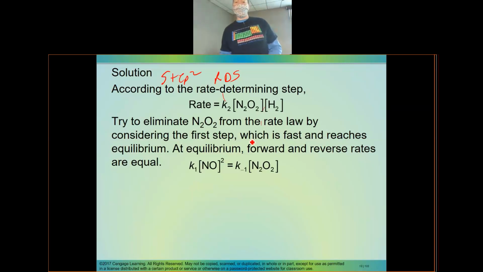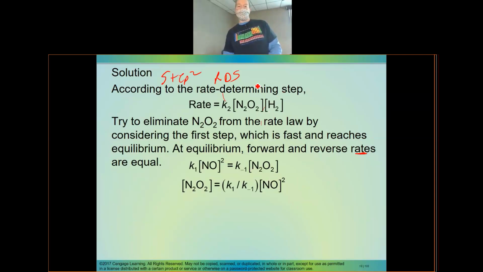So at equilibrium, again, forward and reverse rates are equal. So you write the rate of the forward, you write the rate of the reverse, you set them equal. Then you solve for your reaction intermediate. So in order to get N2O2 on the side by itself, we simply divide by K minus 1. Then we do the substitution.